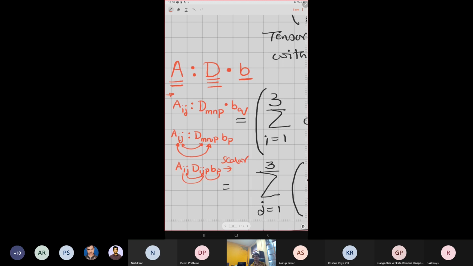No free index is there. The same thing I can always condense even in terms of DMNP BP. This is also permitted. Again, no free index, so it's supposed to give me a scalar. Fine.